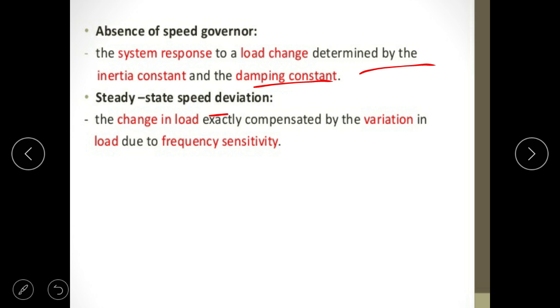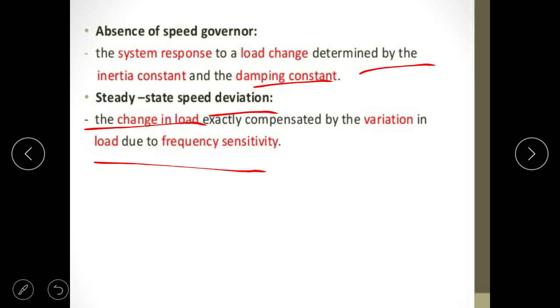Steady state speed deviation. The change in load is exactly compensated by the variation in load due to frequency sensitivity. It means if the system is not running, then the change in load is determined by the inertia constant of the machine.